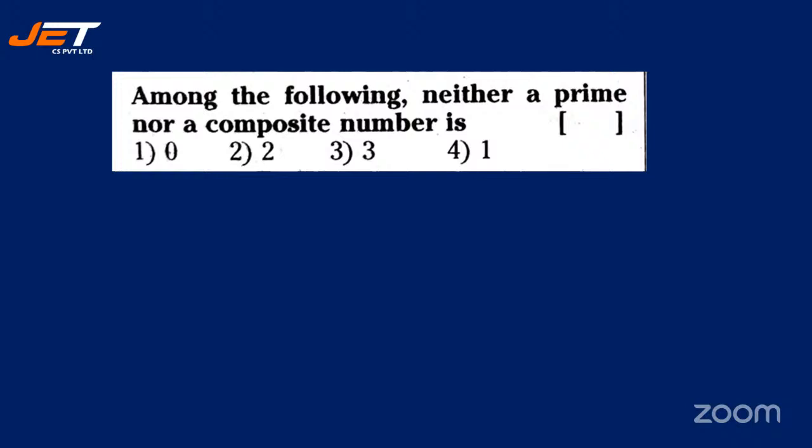Among the following, which is neither a prime nor a composite number is obviously 1. 1 is not a prime number, nor is it a composite number. All right, so many of you ready, Ravi Teja, Harish and Sushila. Many of you have given the answers.